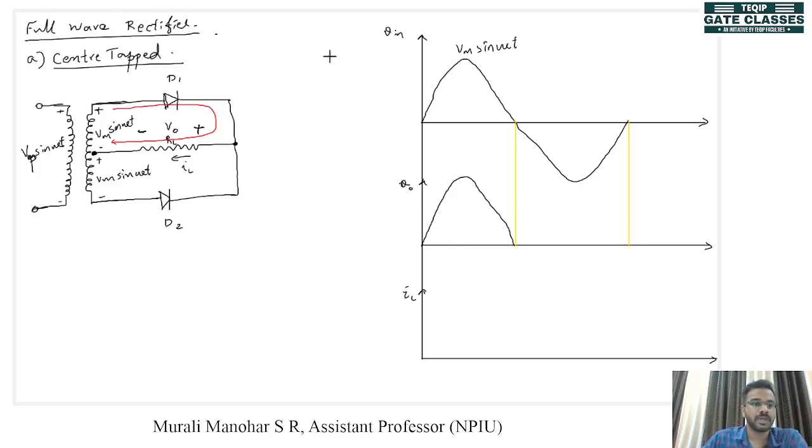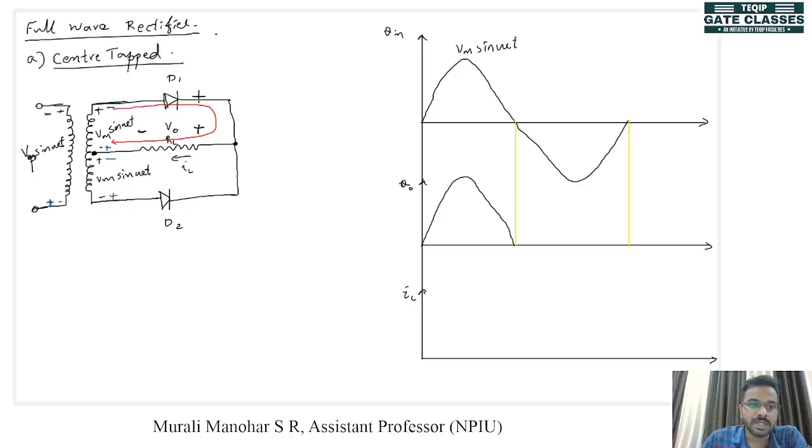Now during the negative half cycle, what happens is this bottom point is more positive compared to this point. So this is more positive compared to this, and this is more positive compared to this. Now when we look at this circuit, diode D1 has an anode which is connected to a more negative supply, and diode D2 has an anode which is connected to a more positive supply.